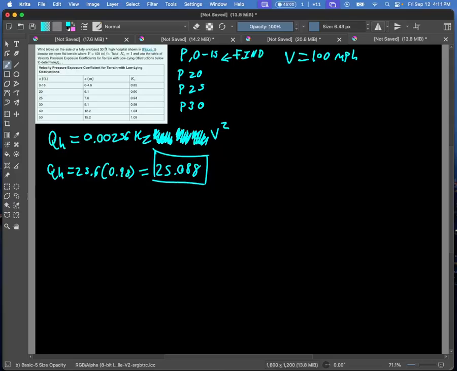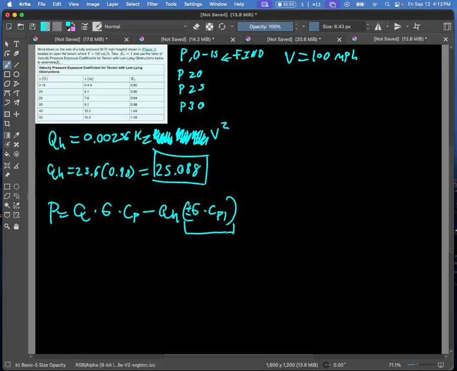And of course they asked a million different questions, so I couldn't just have one of them, but let's just go on and say that P is going to equal Q times G times pressure coefficient minus QH times the pressure coefficient times the internal pressure. And I believe this is going to be plus minus.